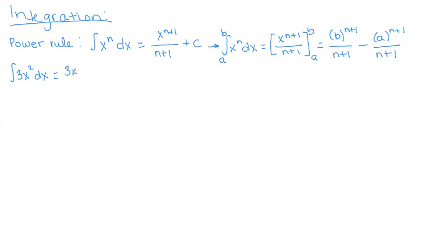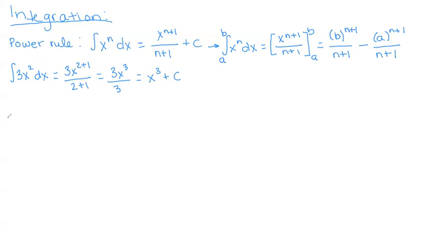So we have 3x to the power of 2 plus 1 divided by 2 plus 1, and we can simplify that. 2 plus 1 is 3, and on the bottom, same thing, 2 plus 1 is 3. 3 divided by 3 cancels out, so we just get x cubed, plus c since this is an indefinite integral.